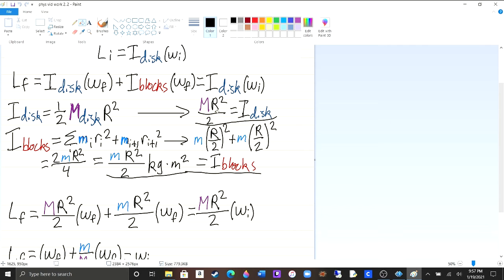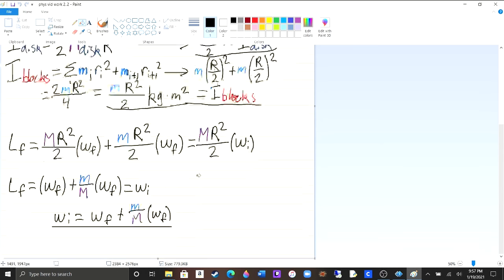So we can plug these back in and we get that our final angular momentum is equivalent to these equations: the one for the inertia of the disk times our final angular velocity, and the one for the blocks times our final angular velocity. And we can do some algebra here and simplify.